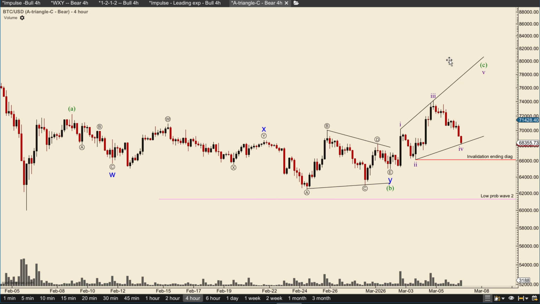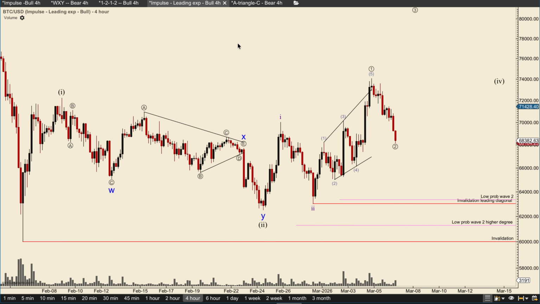Besides, an expanding triangle is also extremely rare, but an expanding diagonal is very low probability. It's when everything else fails, resort to an expanding diagonal basically. So therefore this has a lower probability just because of this structure. And since this structure is also here, this scenario also has a low probability by default.